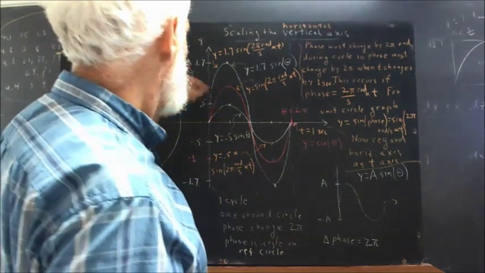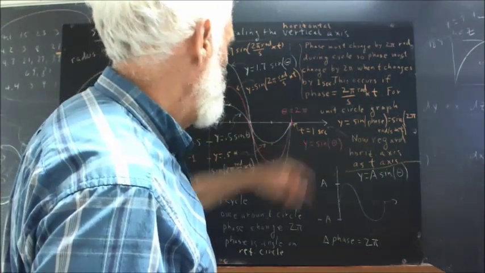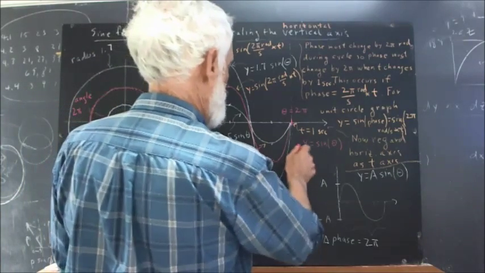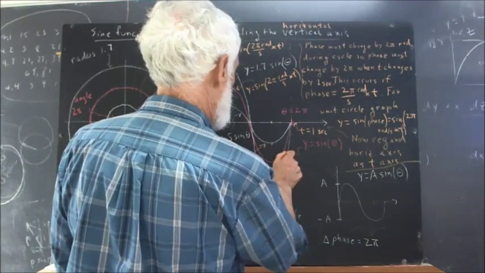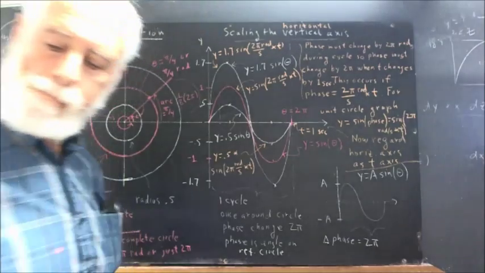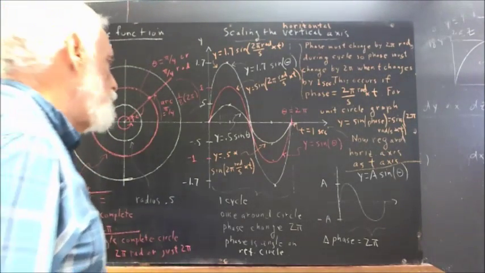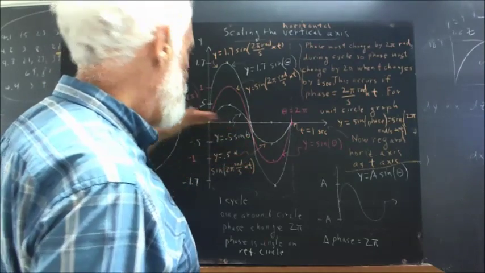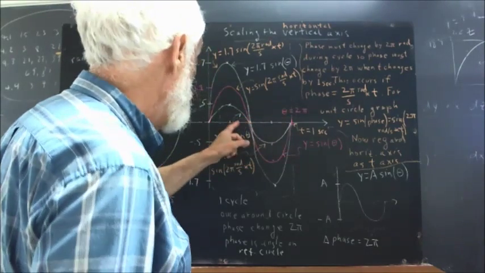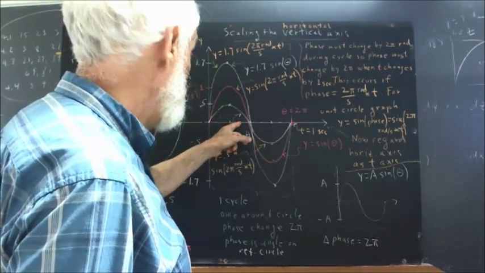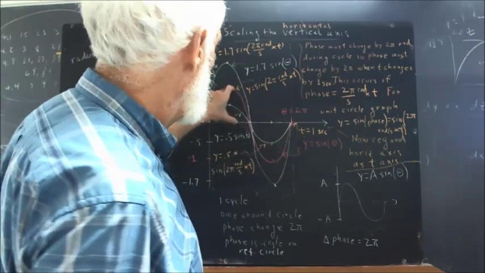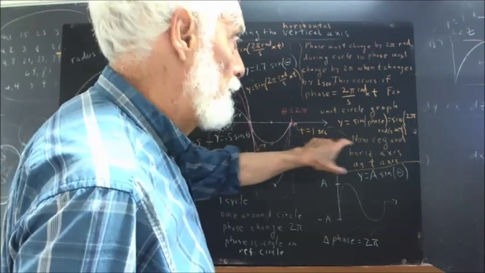Now this is, of course, the graph of y equals sine of theta. So let's put an arrow there. If this is a graph of y equals 0.5 sine of theta, then for any value of theta, for any point on the x-axis, the y value for this graph should be 0.5 sine of theta. The y value for this graph should be sine of theta.